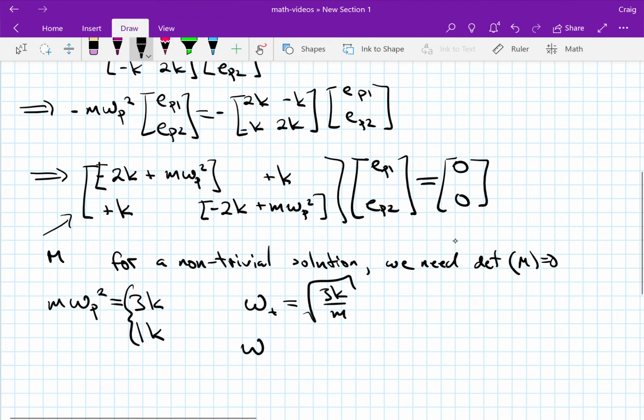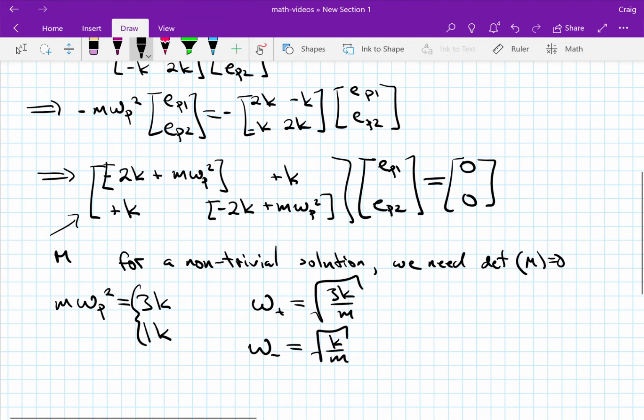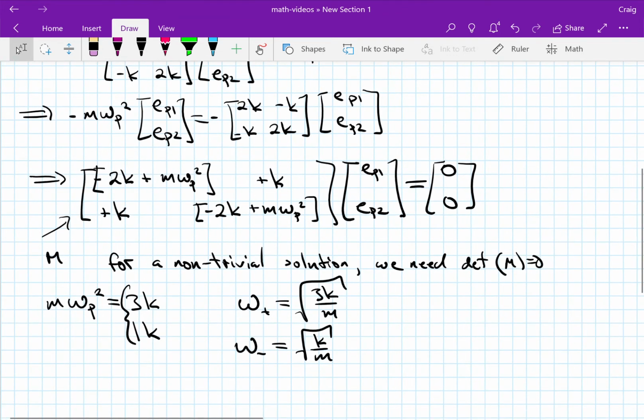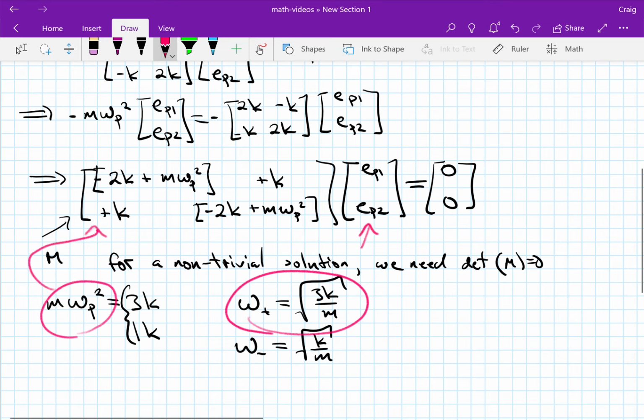And we will call the smaller one omega minus, that's square root of k over m. And then we need to go back, plug these values of omega, or rather m omega p squared, into the matrix M, and then figure out what the values of EP1 and EP2 are. Those would be the eigenvectors.